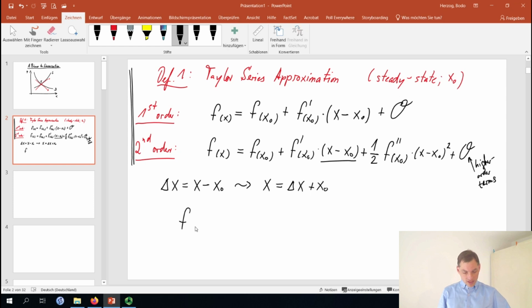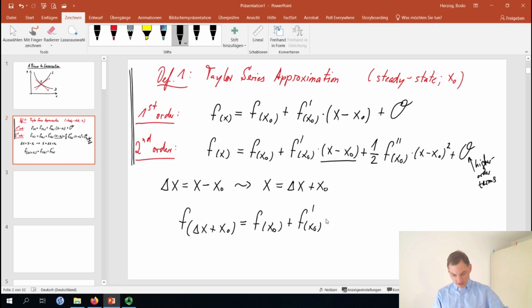So in some books you will find for the formula of the Taylor series the following formula. We have a function f, and it's now from x, but for x I can write delta x plus my point x0, which is my reference point. And then of course it's the function at my reference point x0 plus the first derivative at my reference point x0 times delta x.